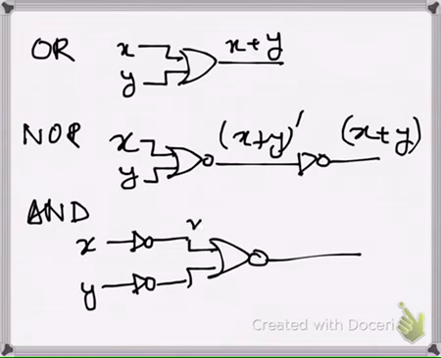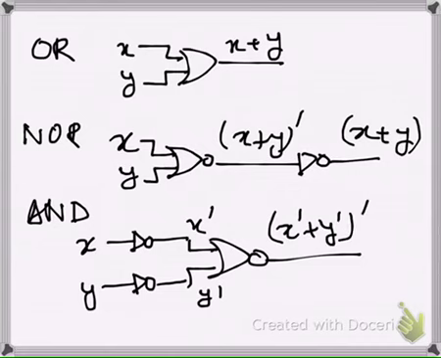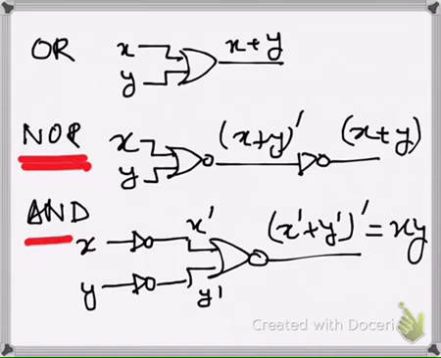So X complement and Y complement pass through it, and I get X complement or Y complement, which is nothing but XY. So these are the equivalent structures for OR and for AND, using only NOR gates.